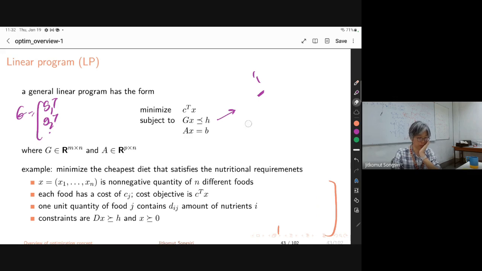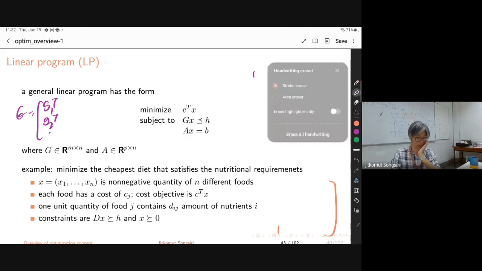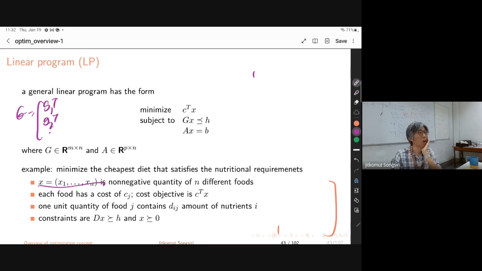For example, when x is a vector of n by 1, let's say x is a quantity of different foods. Each food has a cost of c. Suppose you have food 1, food 2, 3, dot to n. Suppose food 1 is burger, okay?